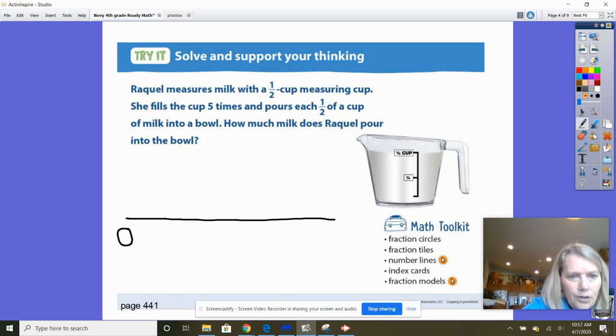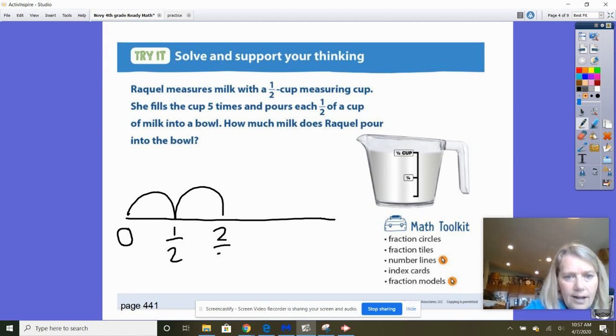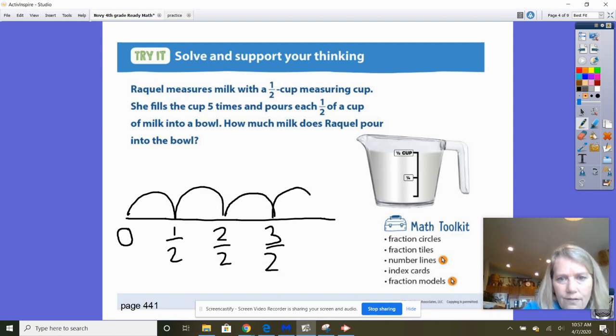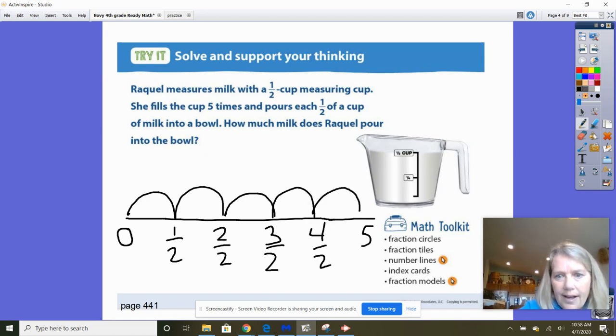I'm going to put a 0 here. Then I'm going to do first, that's 1/2. And then she does a second 1/2, 2 halves. Then she does a third one for 3 halves. Then she does a fourth one for 4 halves. And then she does this one for 5 halves.